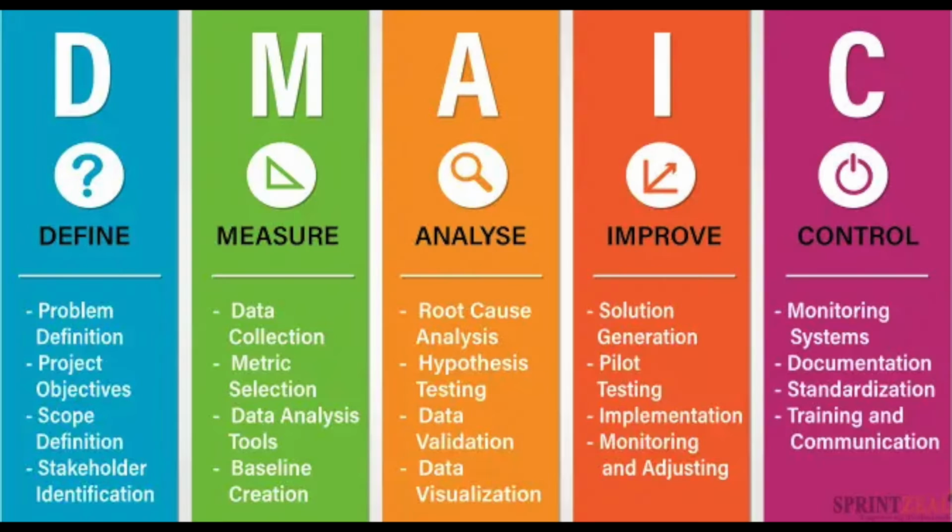It's a structured problem-solving approach that guides teams through 5 key strategies: Define the problem, measure current performance, analyze root causes, improve processes, and control for sustained results. By following the DMAIC framework, organizations can systematically identify opportunities for improvement, implement data-driven solutions, and monitor performance to ensure sustained success.